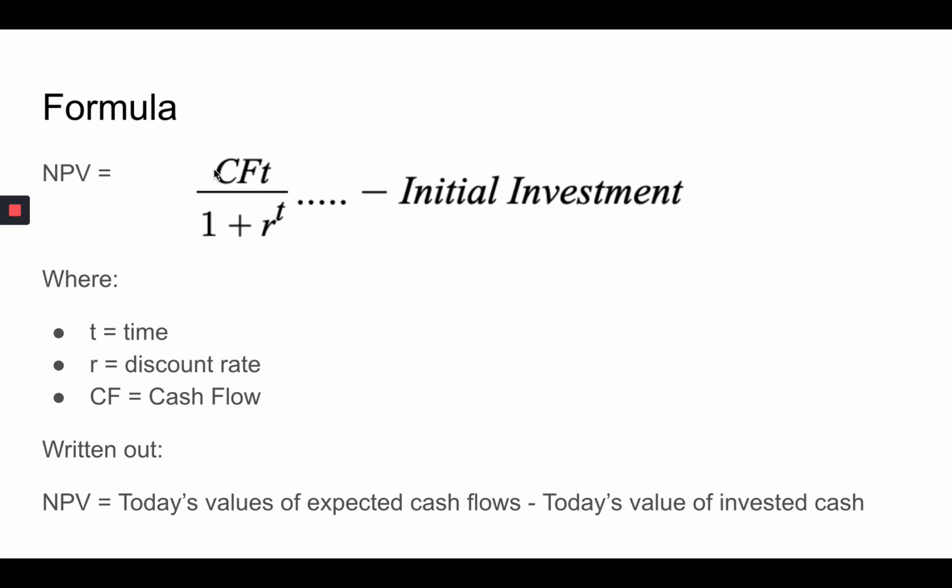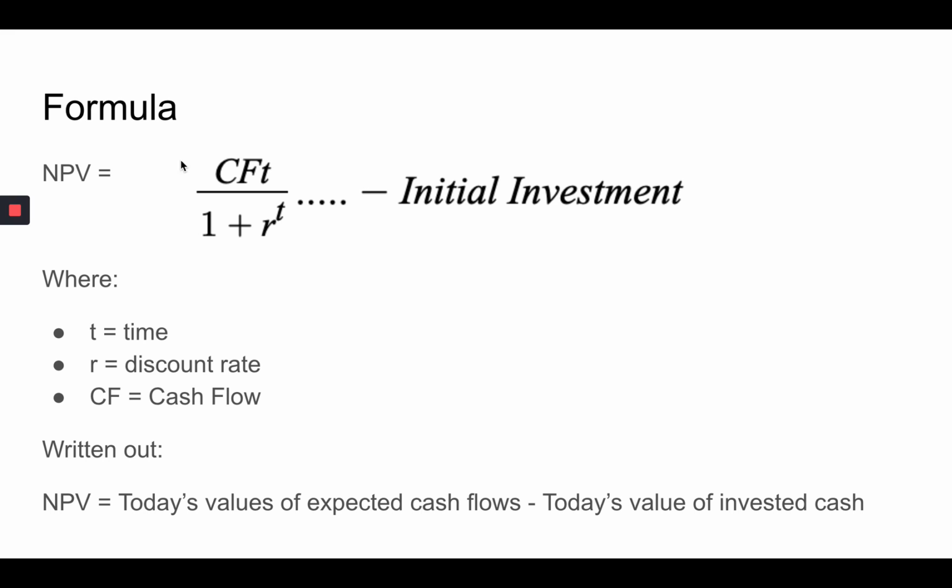So all this is showing you is that the cash flow for year one is 1,000, but your discount rate is going to be raised to the power of 1 because that's the period you're taking into consideration. For the second time period, you're not going to be multiplying the second cash flow by 2. That's just signifying that it's the second cash flow period, and that's why it's not an exponent showing that you need to multiply it.